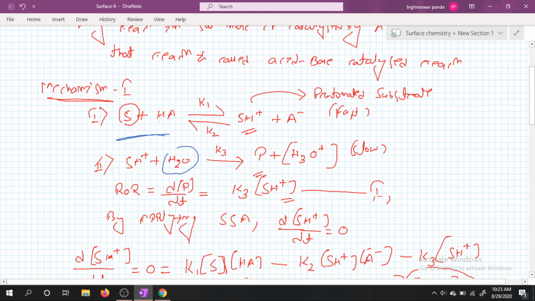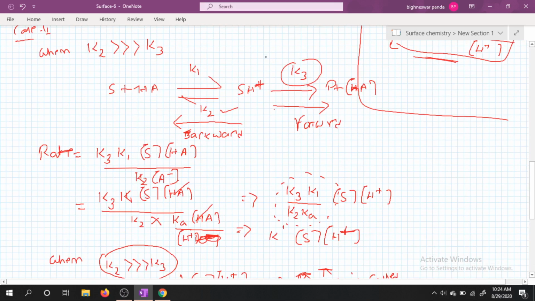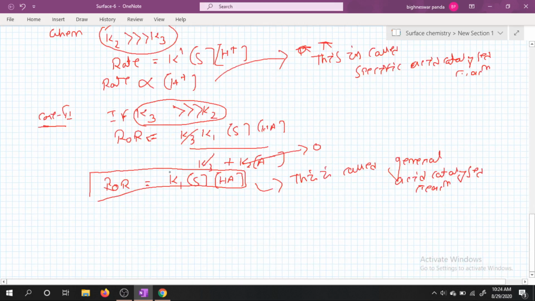So we have to calculate the rate, and the rate dP by dt is equal to K3 times SH plus. So here we have to calculate SH plus, and we have two cases, if K3 is greater than K2 and if K2 is greater than K3.